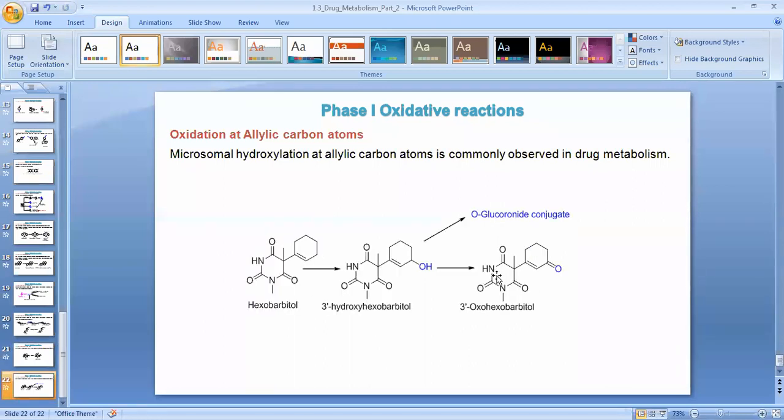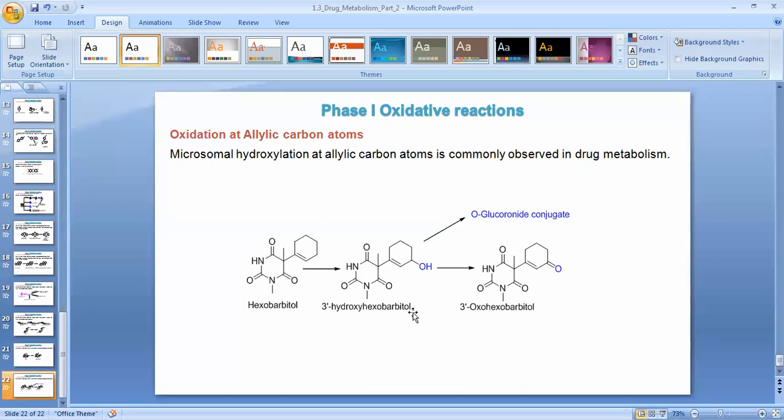Now the next example of microsomal hydroxylation of an allylic carbon atom, commonly observed in drug metabolism, is hexobarbital. Barbituric acid derivatives are used as sedative and hypnotic agents. So how is this sedative and hypnotic drug, hexobarbital, metabolized in our body? It is metabolized through hydroxylation of this ring to form 3-hydroxyhexobarbital.